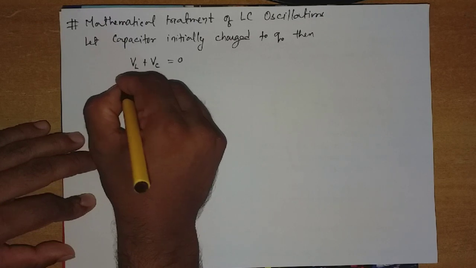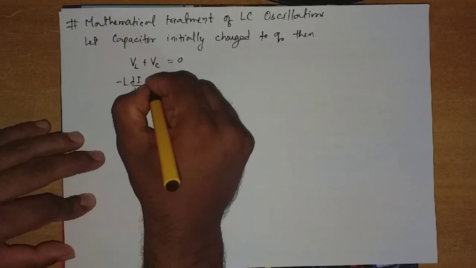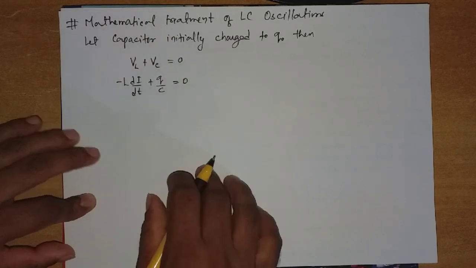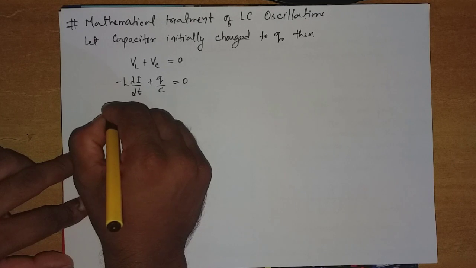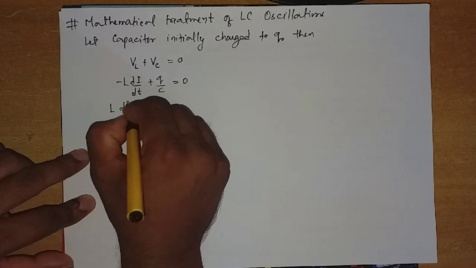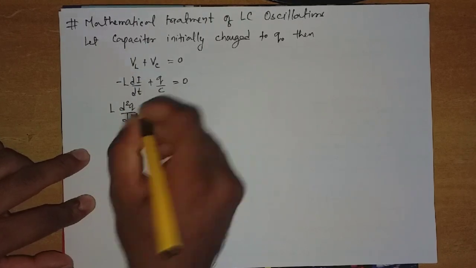The voltage of the inductor we know is L di by dt, plus the voltage of the capacitor is Q by C, which is equal to 0. So by that it is L d square Q by dt square plus Q by C, right?